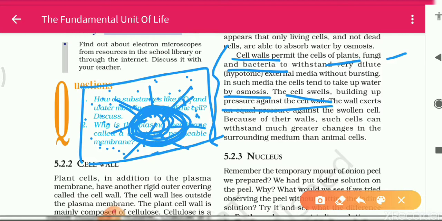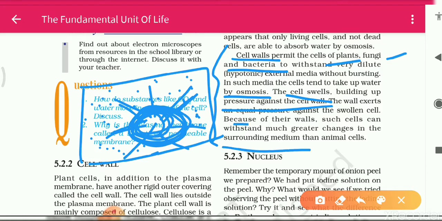It creates pressure on the cell wall, and in turn the cell wall exerts an equal pressure against the swollen cell. Because of this wall, such cells can withstand much greater changes in the surrounding medium than animal cells.